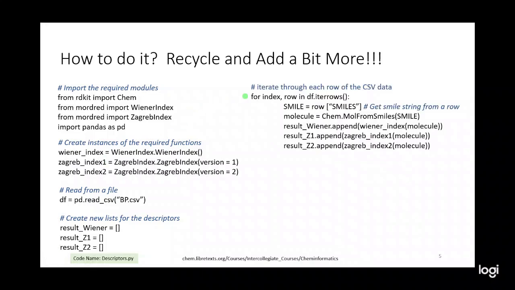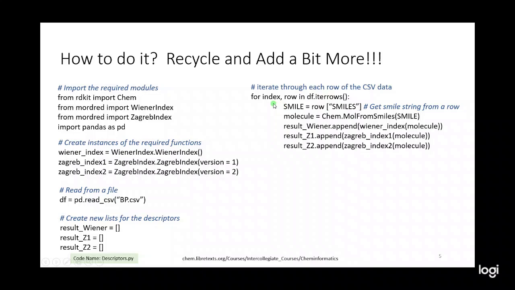Now, building the for loop part, we use the iterrows function to iterate through each row of the data frame. This loop structure allows us to calculate molecular descriptors for each molecule.